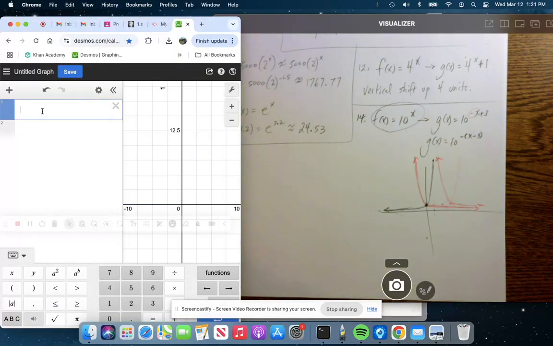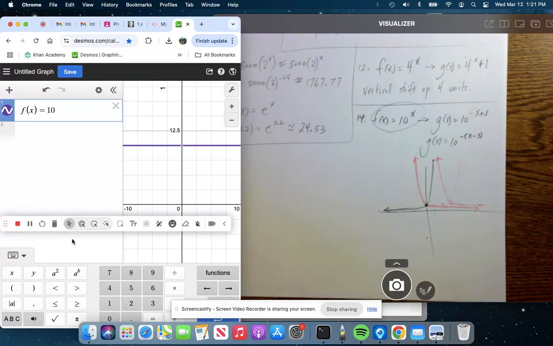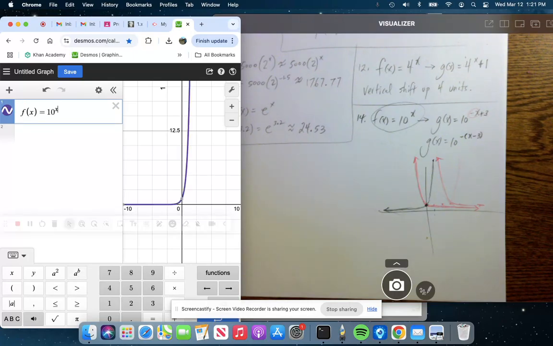All right, f of x equals 10 to the x. All right, there's the original, right? The one I drew in pencil. All right, now we're going to do g of x equals, and I'm hoping this is what it's going to look like.